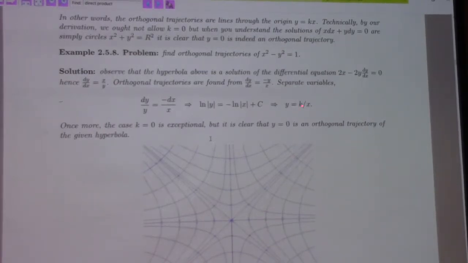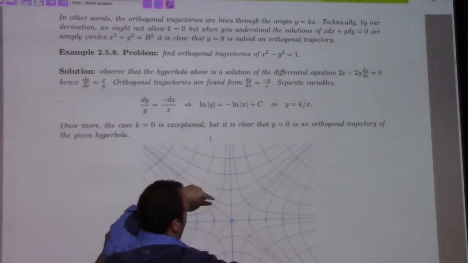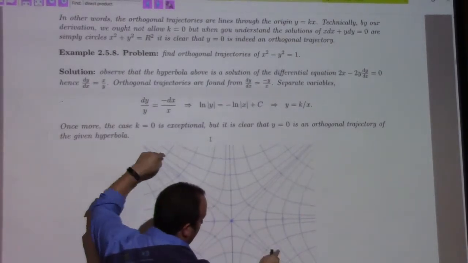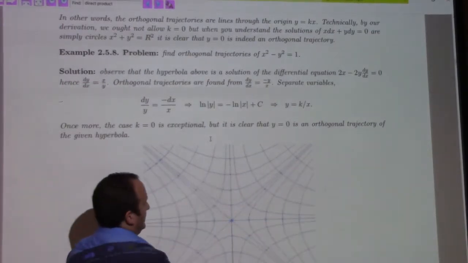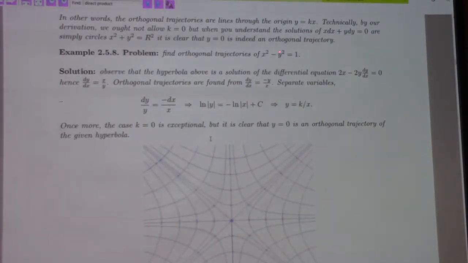In contrast, these k over x give us reciprocal functions, which are actually hyperbolas which are rotated and are opening with respect to the y equals x or y equals minus x lines. So these are the orthogonal trajectories. And the blue are, again, x squared minus y squared equal to a constant, to be more honest.